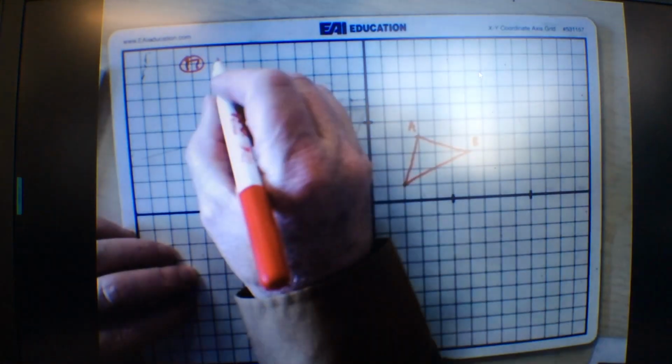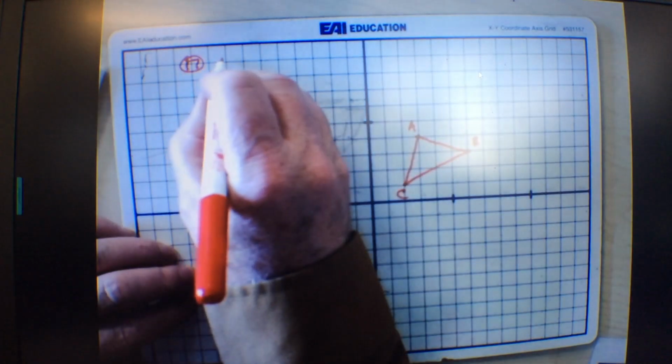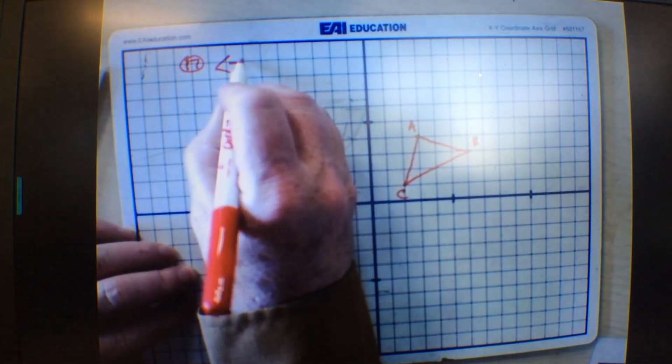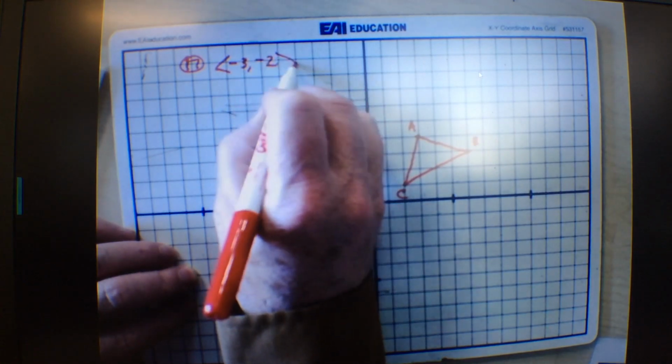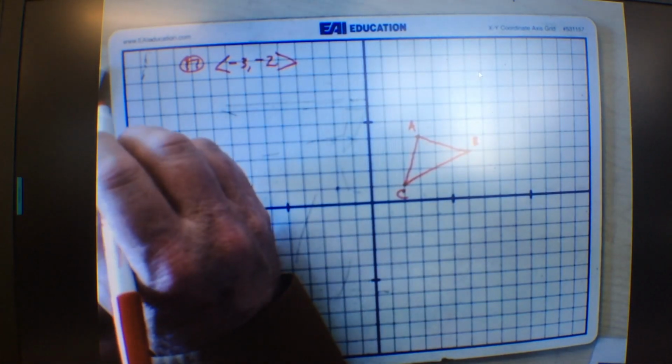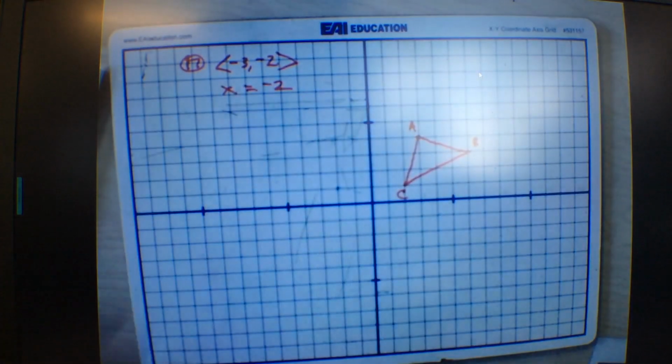Alright, so let's say that we have a vector of -3, -2, okay? And then we're gonna reflect it over x equals -2.